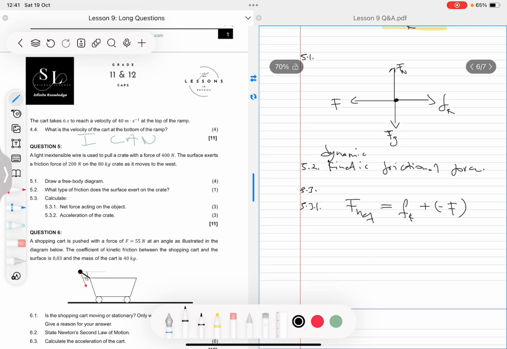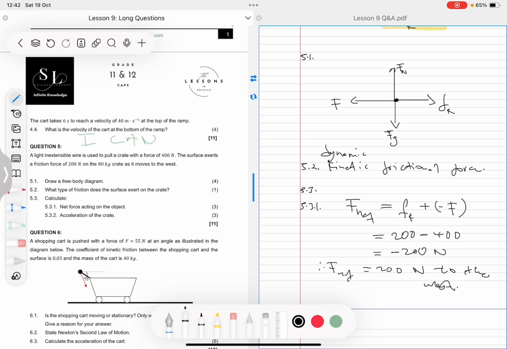So I will have the kinetic friction to be 200 minus the 400, because positive and negative gives me that. So here I will get an answer that says negative 200 newtons. This means that my net force is equal to 200 newtons to the west.